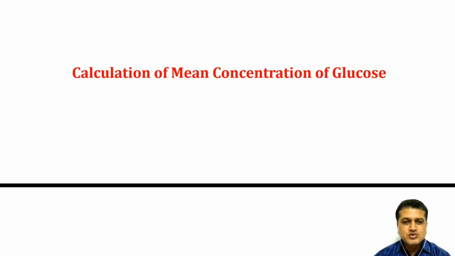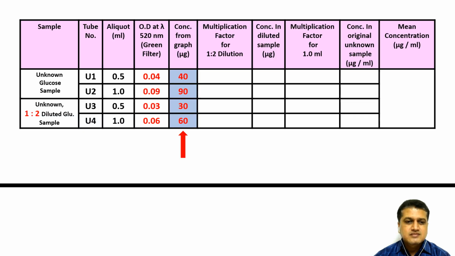Now we have to calculate mean concentration of glucose of unknown samples. Unknown glucose samples U1 and U2 have 40 and 90 micrograms respectively, while 1:2 diluted unknown glucose samples U3 and U4 have 30 and 60 micrograms respectively.